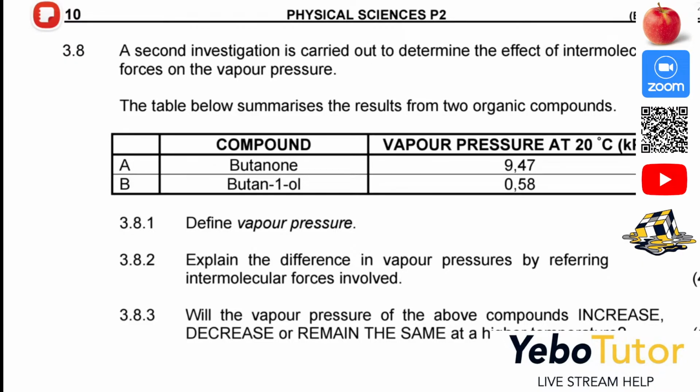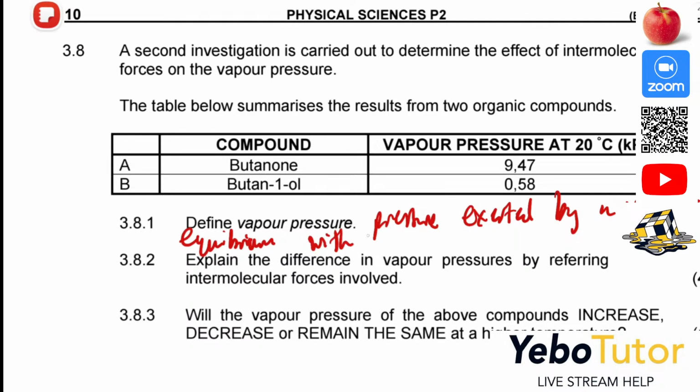We know that this is the pressure exerted by a vapor at equilibrium with its liquid in a closed system. That will be your vapor pressure.